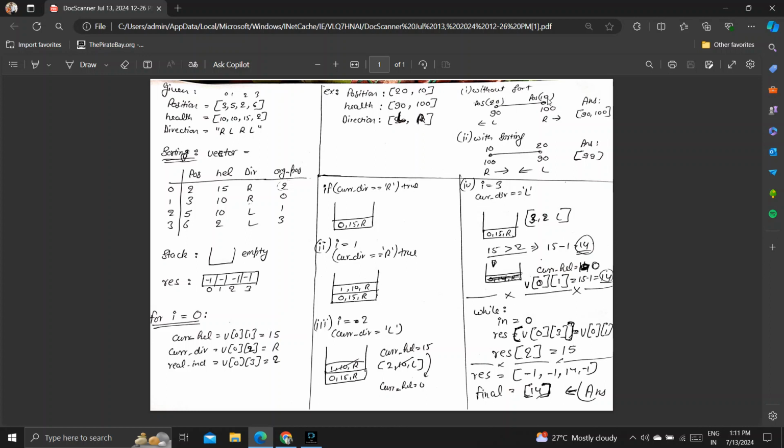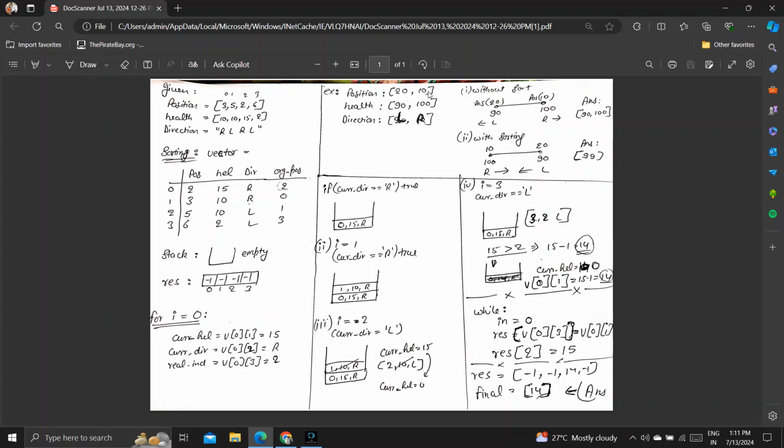Position 20 will come here and 10 will come here, and at 20 there is 90, and at 10 there is 100. So this moves in the left direction and this moves in the right direction, right? So they will never collide. So what should be our output? 90 and 100. But actually its output is 99.